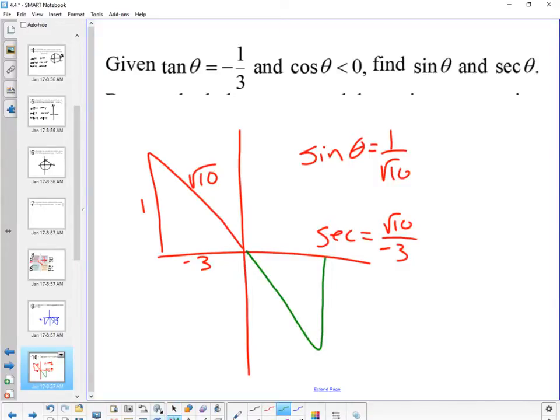This condition right here told me that it couldn't be this one. Because that tells me the opposite side's length and the adjacent side's length. Because remember, it's the ratio of opposite over adjacent, correct? So it does matter. Okay? We're good? Moving on.